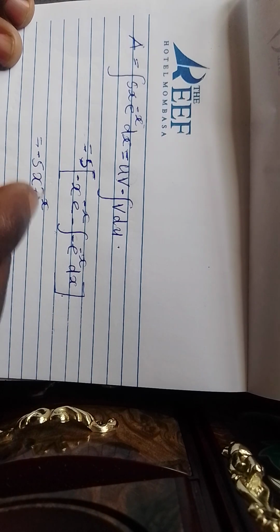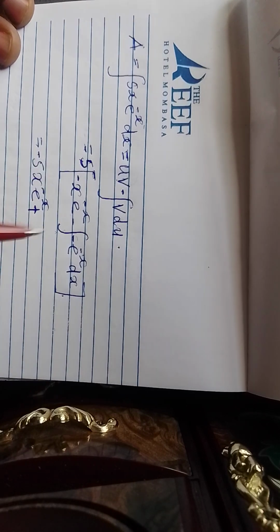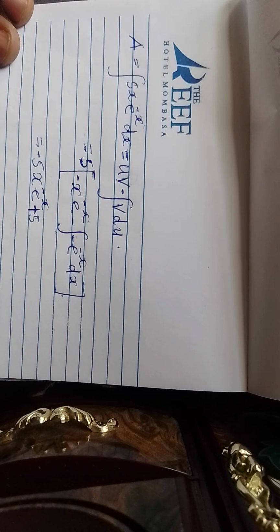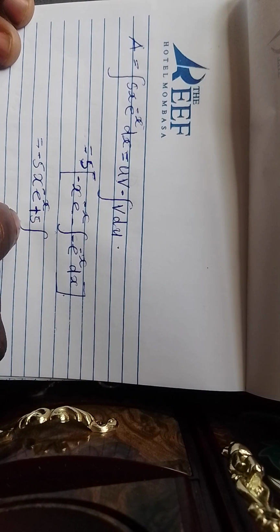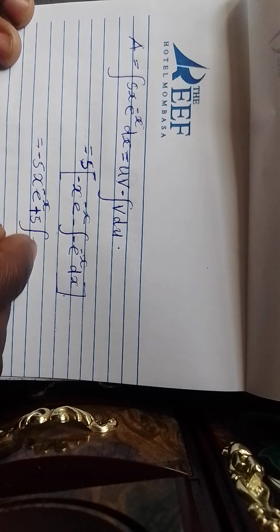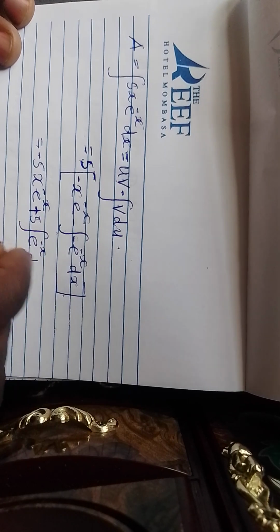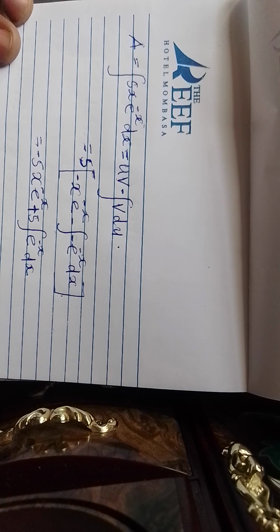So that we have plus this 5 right here. So we have 5, then the integral sign, then we have now e exponential raised to power negative x dx. That is what we have.